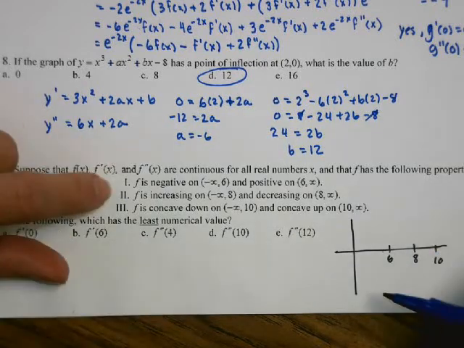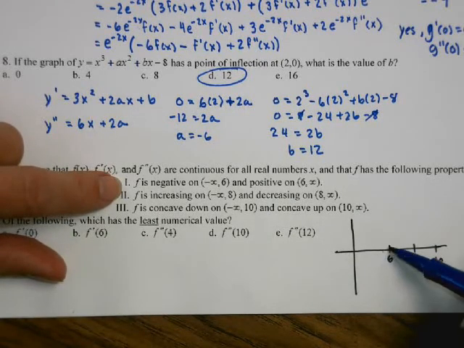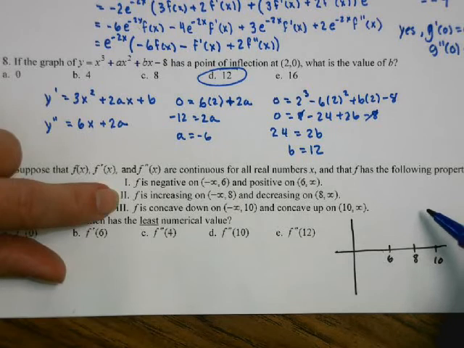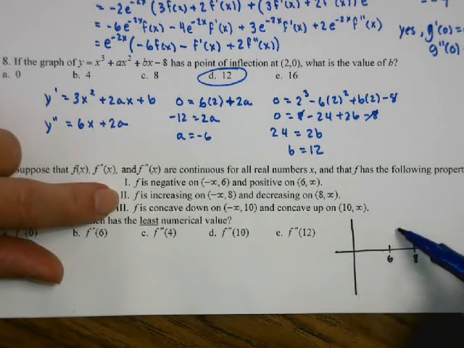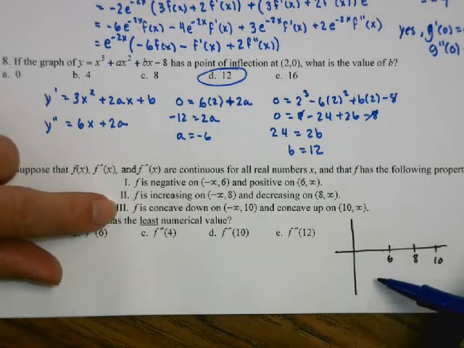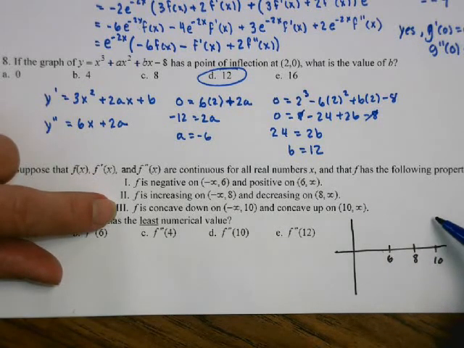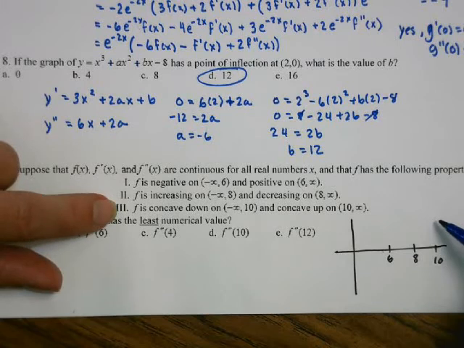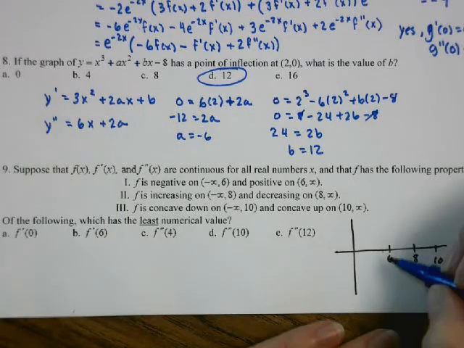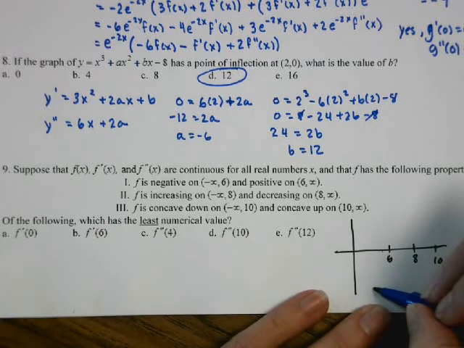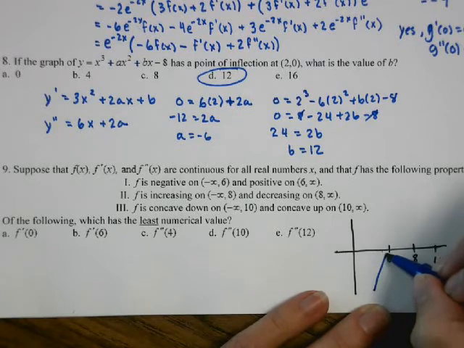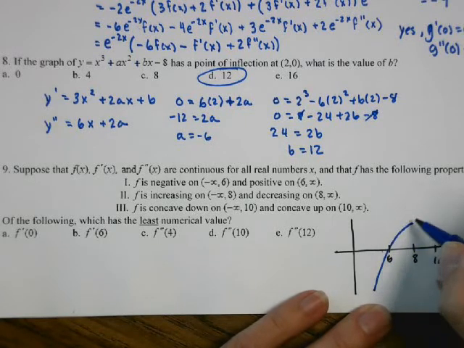It's increasing from 6 to 8, then it's decreasing, and it's concave down to 10 and then concave up afterwards. So it's concave down, increasing until here, still concave down but decreasing. At 10 it's still decreasing but it's concave up.